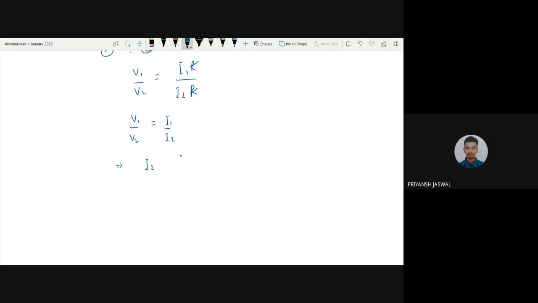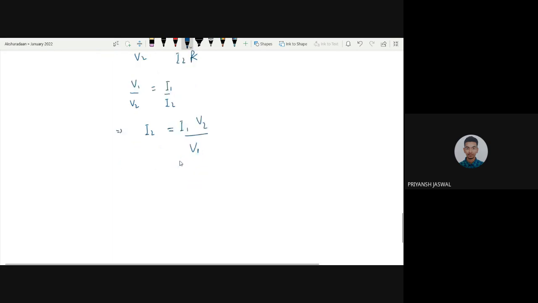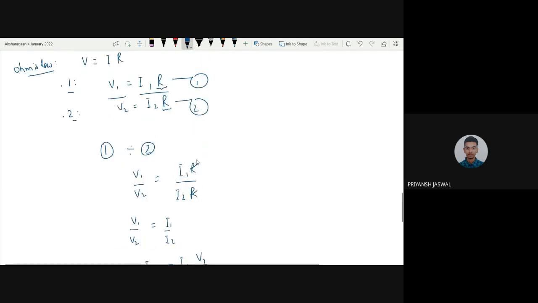I2 goes to this side and V2 comes to this side and V1 also comes to this side. So now substitute the values of I1, V2 and V1 in it.